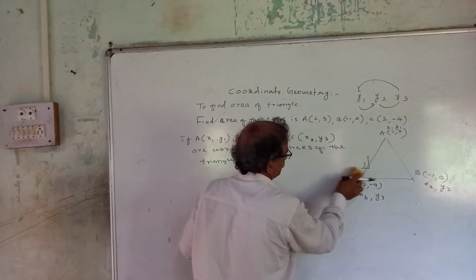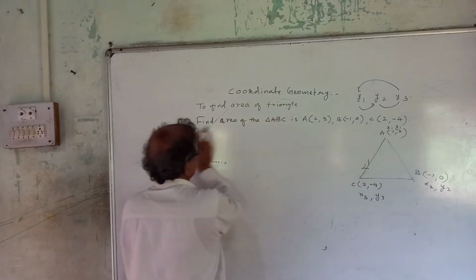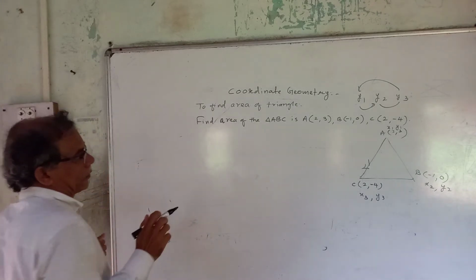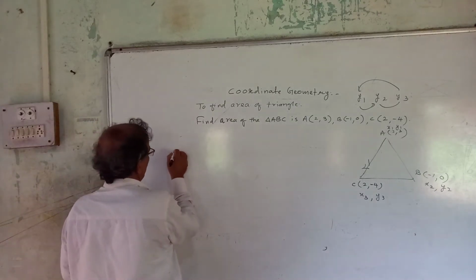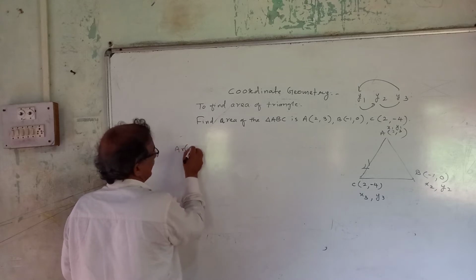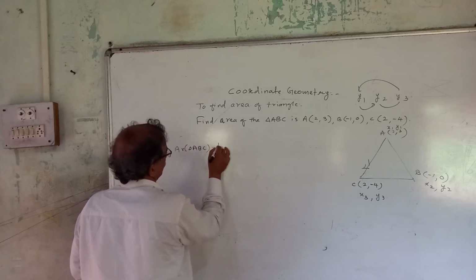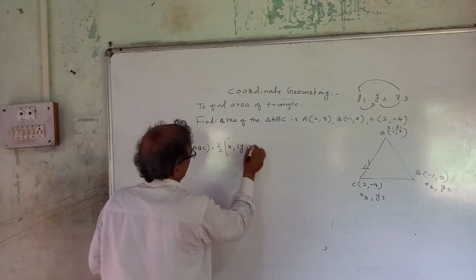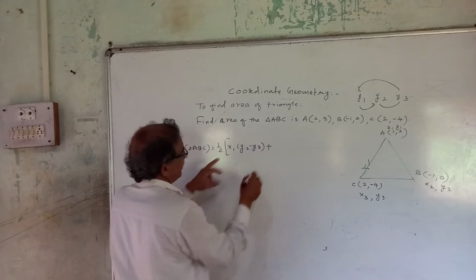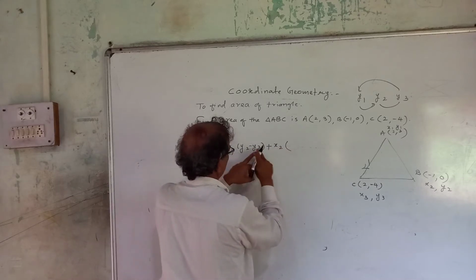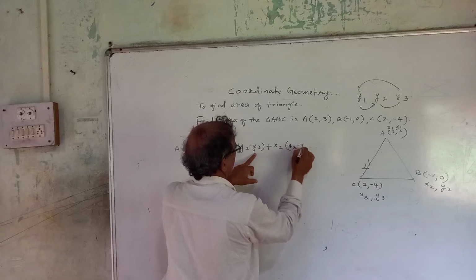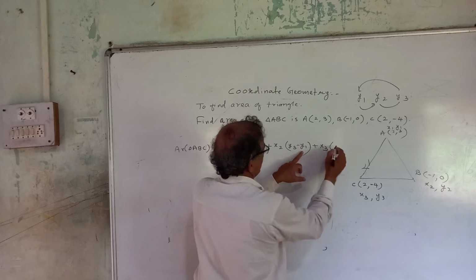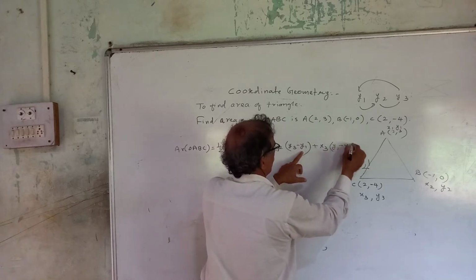Okay. So now we know all the coordinates of the three vertices. So what is the formula? Area of triangle ABC is equal to half into x1 into (y2 minus y3) plus x2 into, start from here, (y3 minus y1), then plus x3, start from here, (y1 minus y2).